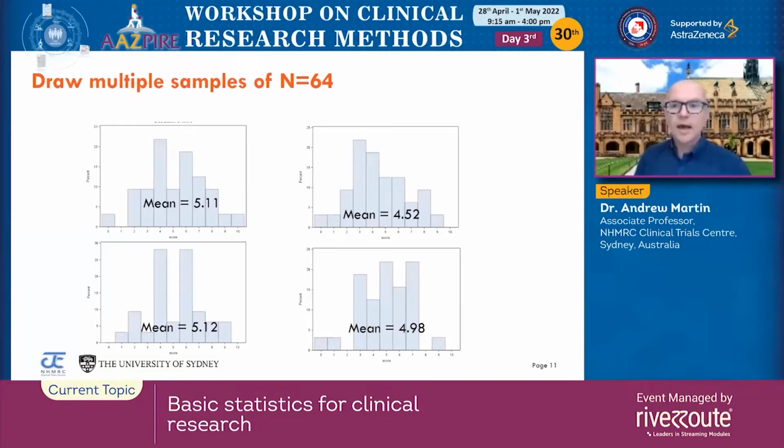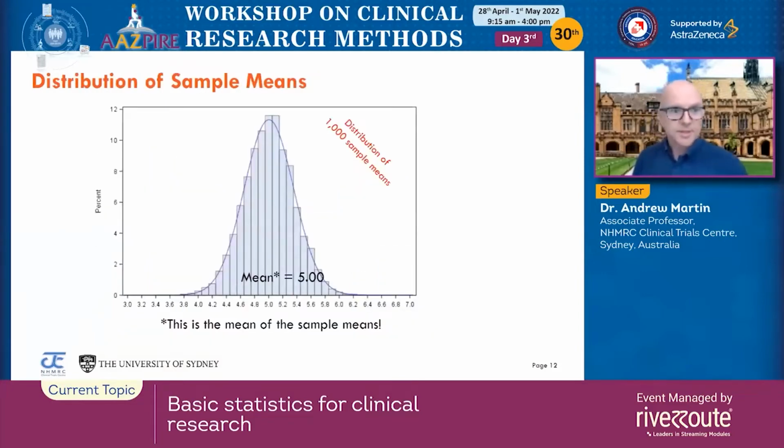And if we obtained 1,000 of these samples and plotted the distribution of those sample means, we start to see something very symmetric indeed. So what's that telling us? It's telling us that the sample mean is an unbiased estimator of the population mean.